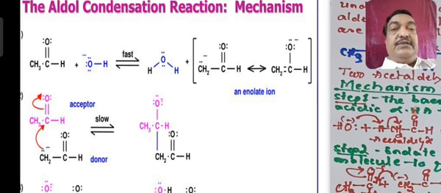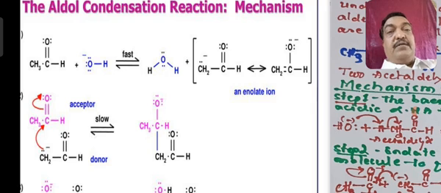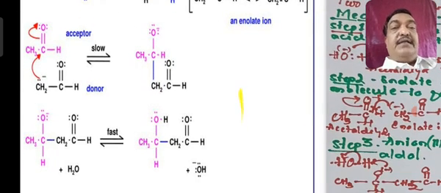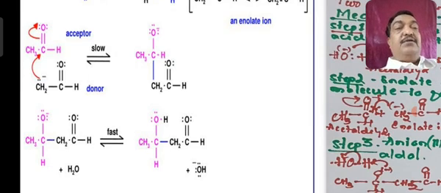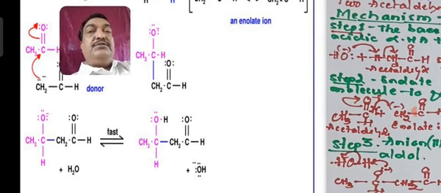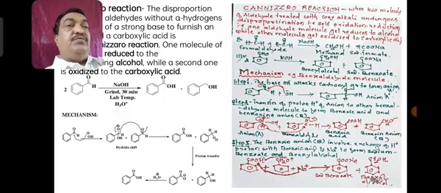The anion enolate has a minus charge, meaning it contains a lone pair of electrons, it is a donor, while the other aldehyde containing C double bond O needs the shift of the electrons towards oxygen, it is an electron acceptor. So that will give the anion, and that anion in the last step, a fast step, undergoes protonation by water molecule to give OH minus and your aldol product. This is how the mechanism can be understood for aldol.